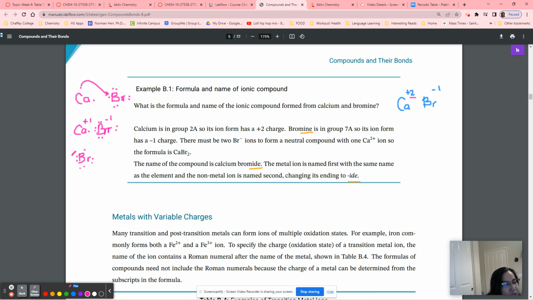I still have my T-like shape, and I'm going to show that this one is going to come right here and bond with that one. So now I have calcium with a +2, and it's connected to bromine. And each bromine now has a filled octet with a -1 charge.